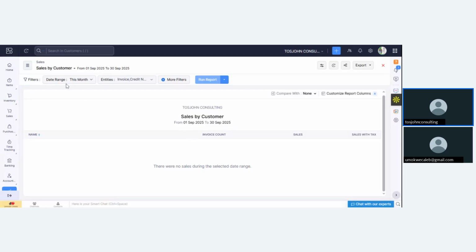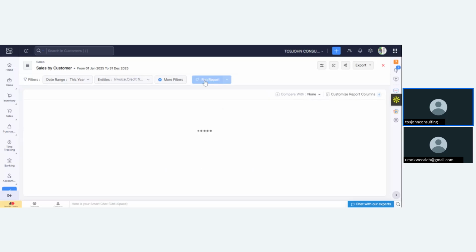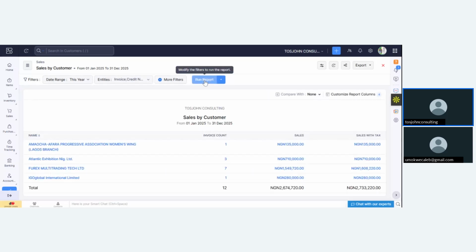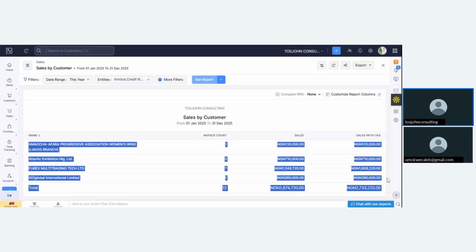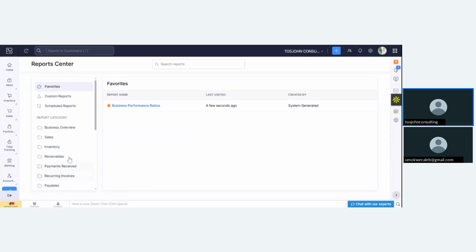But by the time you set the range, maybe this year, and then see the reports, you can see the customers that patronize you, right? You'll be able to see how many times, so that you'll be able to maintain good relationships with all those customers, right? So that is it. So let's still move on.